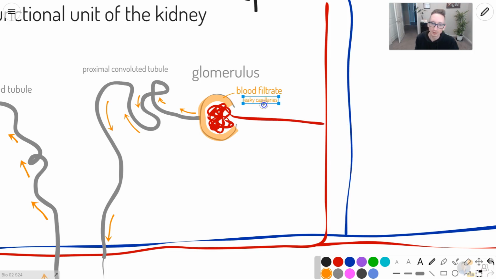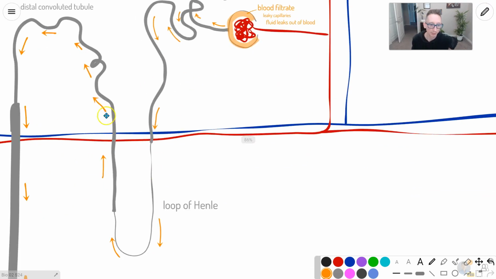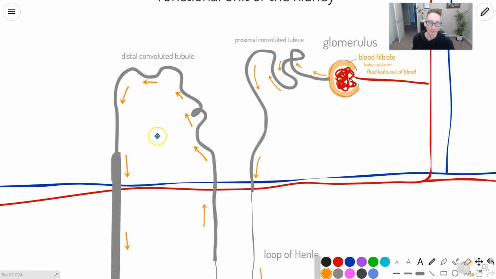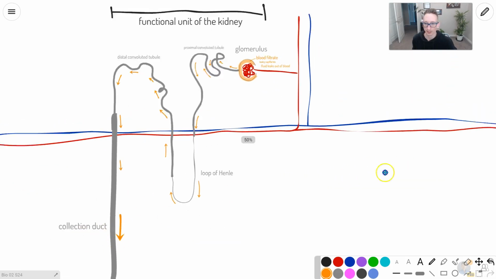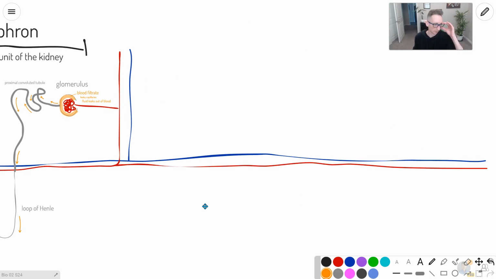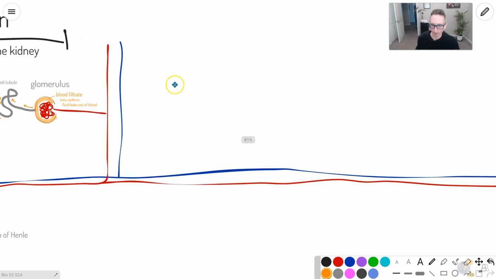It's really leaky, and so the fluid leaks out of the blood, and it goes into the kidney tubules. First in the proximal convoluted tubule, then it swoops down through the loop of Henle, distal convoluted tubule, and then the collection duct. But there's more to the story, right? That's just the very simplified version of it.